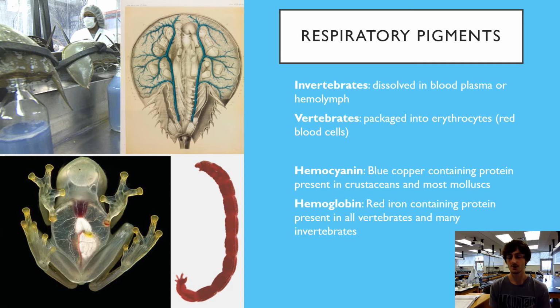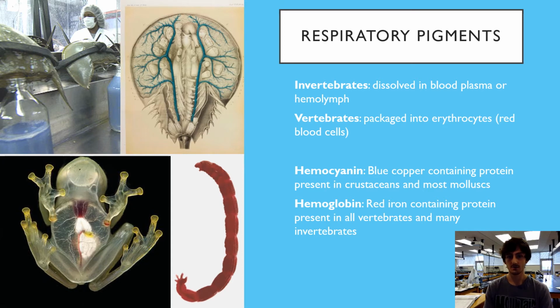So that copper grasps onto an oxygen molecule near the gills or the book lungs or whatever structure that invertebrate has for basically respiring. So that copper grasps onto the oxygen, it's then transported to whatever cells need it most, it releases oxygen, and then the difference in pH causes it to grasp onto a CO2 molecule. From there, it's then transported back to the gills, where it releases that CO2, it picks up the oxygen molecule, and the cycle repeats itself.